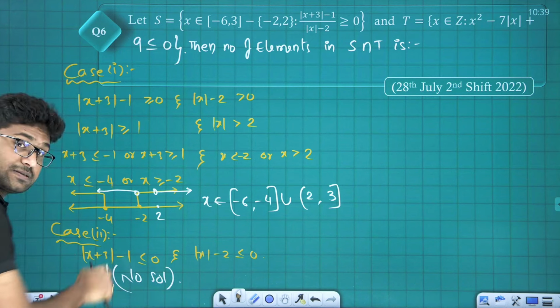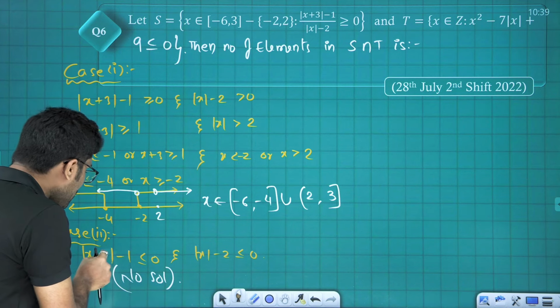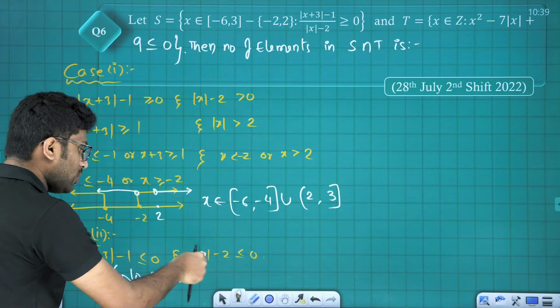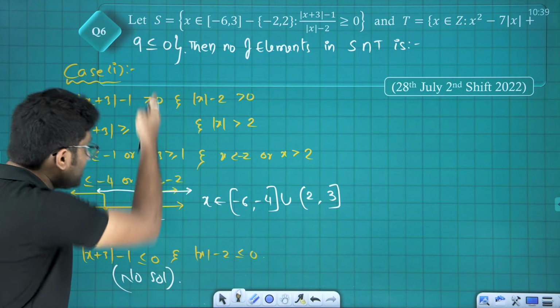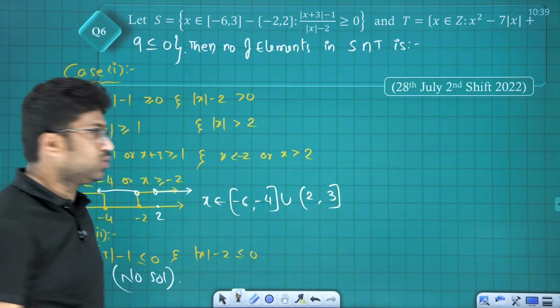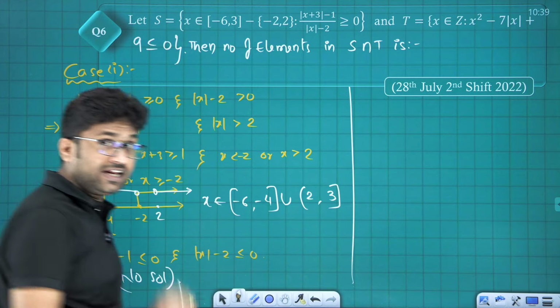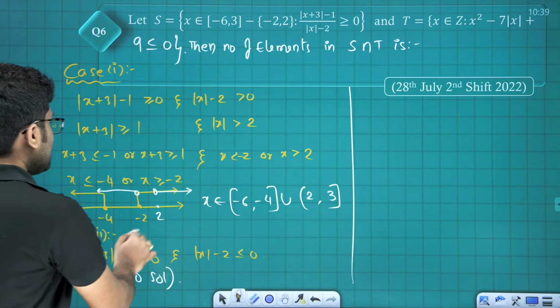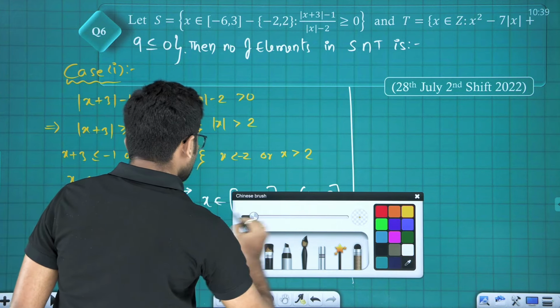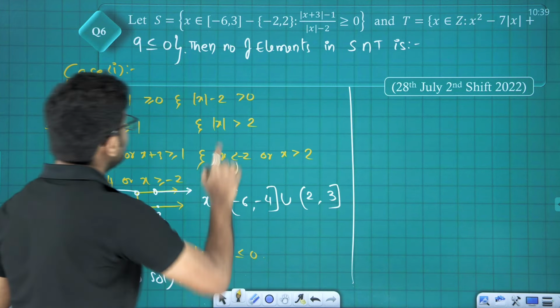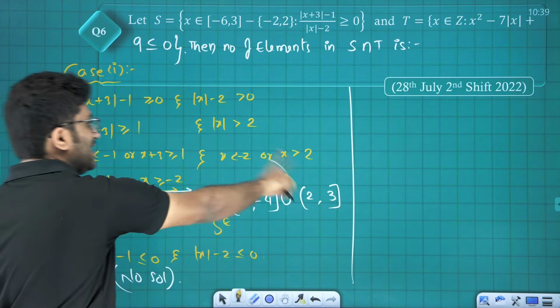No solution in this, because mod of x plus 3 less than or equal to 1 and mod x less than or equal to 2 never happens. If you want, you can just use the same modulus principle and do this. Okay, now I did it directly. This is the solution set of S. Now, this is our S, friends. Okay, this is our set S.